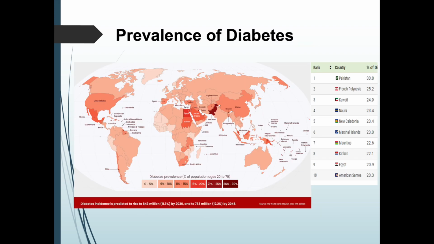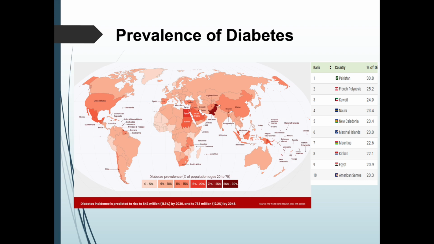So there are these two types. Now I want to show the prevalence of diabetes all over the world. I am surprised to see that Pakistan is number 1, where 26 to 30% prevalence of diabetes is there. Then comes Egypt, and you can see French Polynesia and Kuwait. Some countries have 6 to 10%.